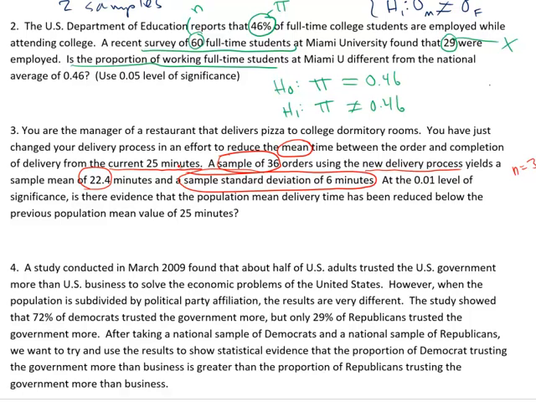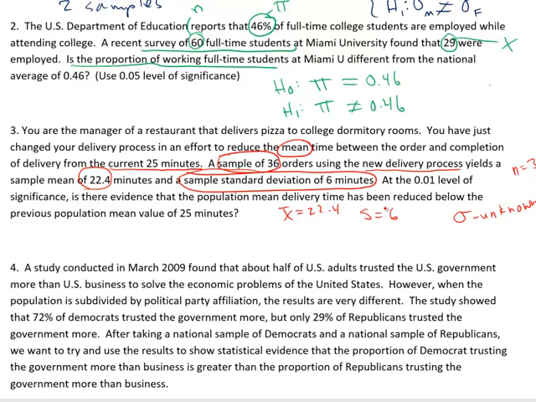So we can write that now. Sigma unknown, which means the population standard deviation is unknown. And I know x bar equals 22.4. The sample standard deviation is 6 minutes. And so then it asks the question. That's just the information that we have up to this point.